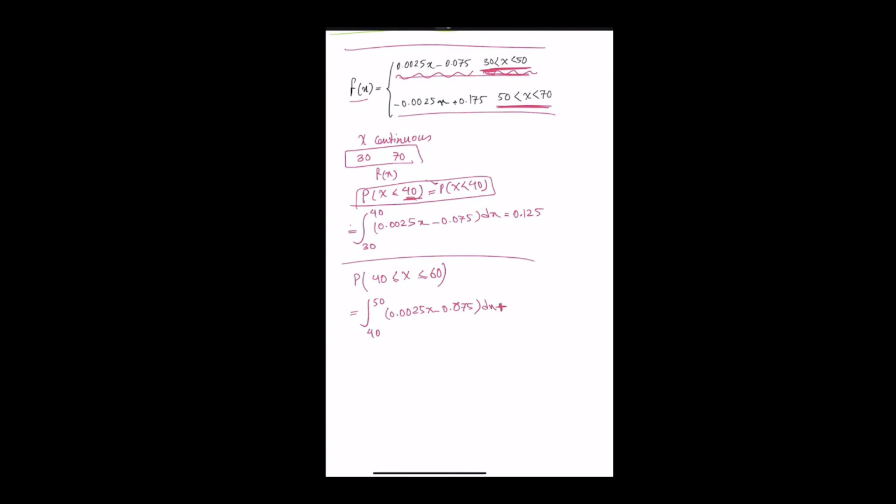plus the integral from 50 to 60 of minus 0.0025x plus 0.175 dx. And if you calculate that, you find this probability.